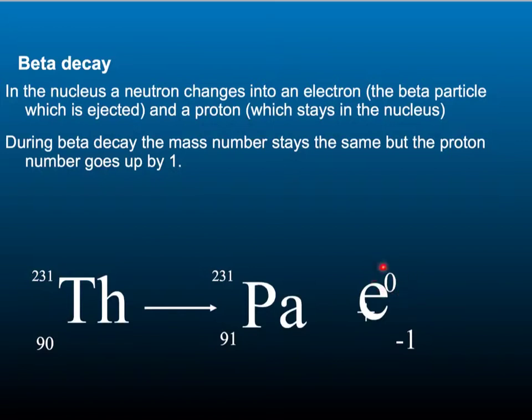Its mass number is 0. So 231 add 0 is 231, so the top balances fine. But here we've got 90 and 91. So the only way to make this side add up to 90 again is to put -1. So with beta decay, remember that the proton number on the beta particle needs to be -1.